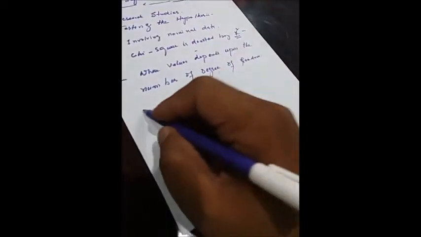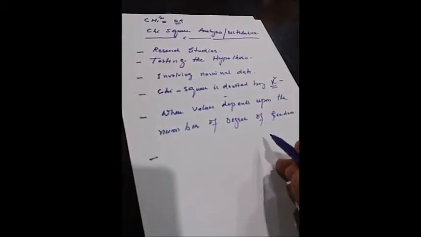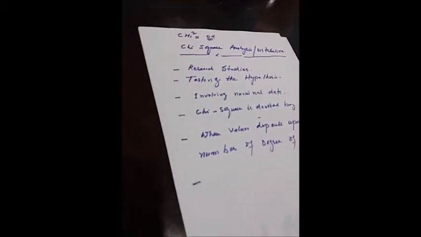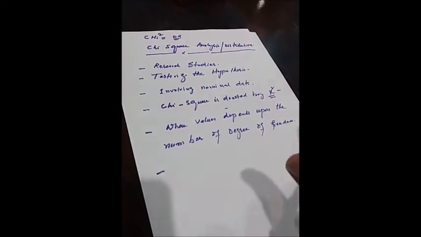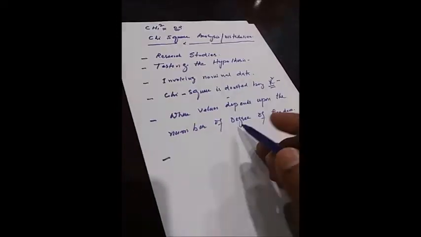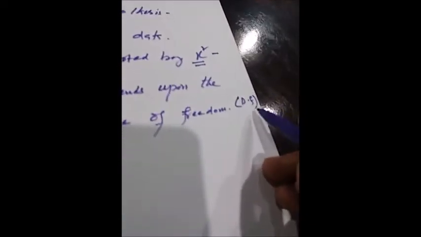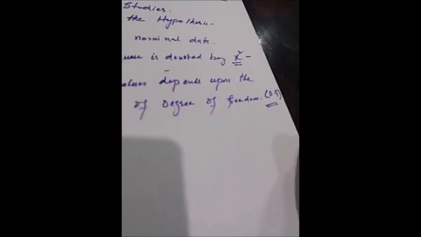So what is the degree of freedom? The degrees of freedom are basically the values free to vary under certain conditions. DF is the degree of freedom, which works on the n minus 1 or n minus 2 formula.